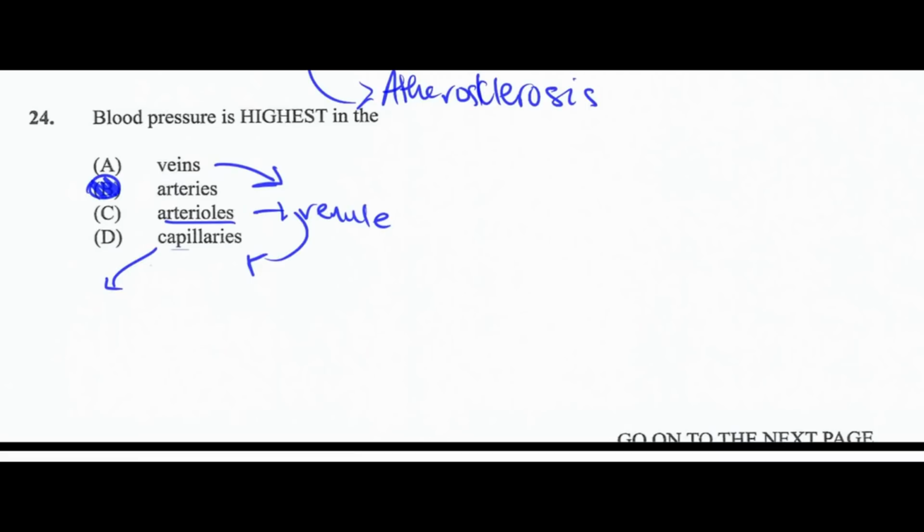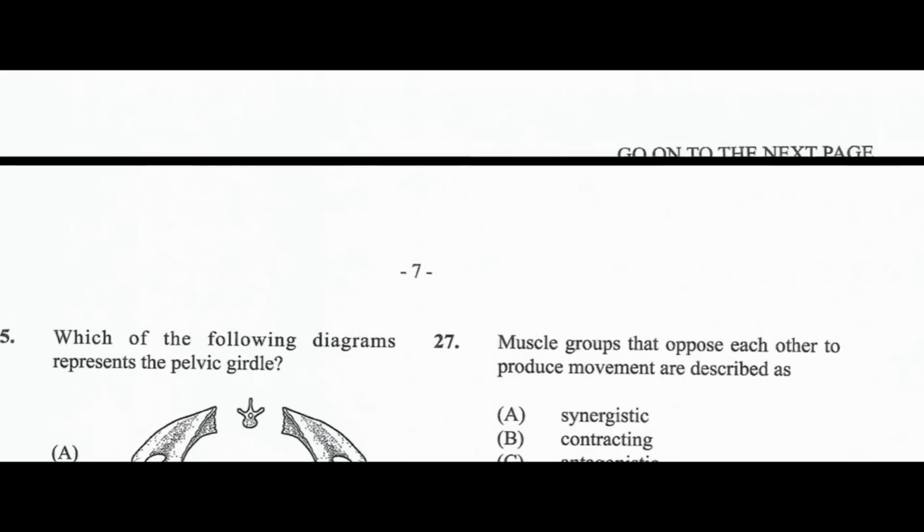Not necessarily in that direction. It could be the other way around, from arteries to arterioles, to the capillaries, then to venules, then to the veins. Blood flows in that direction actually.